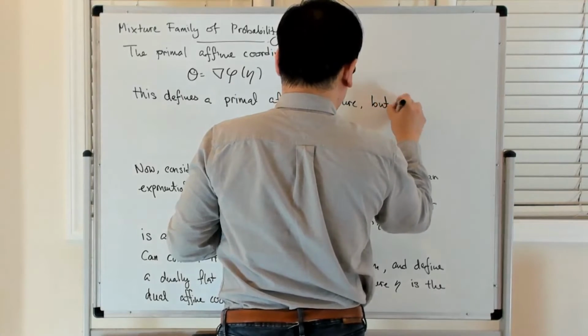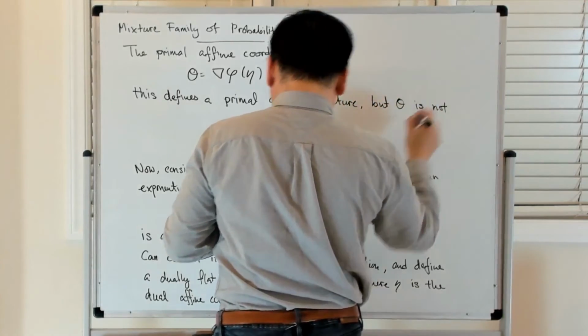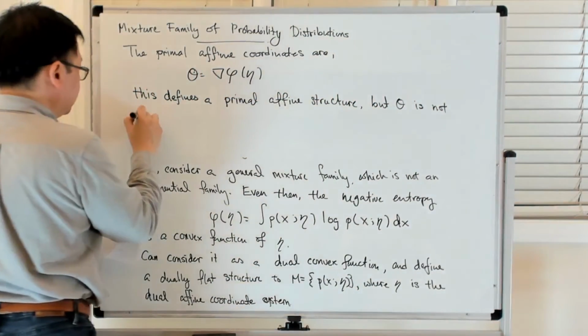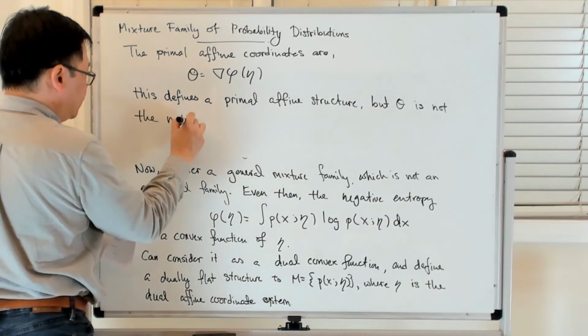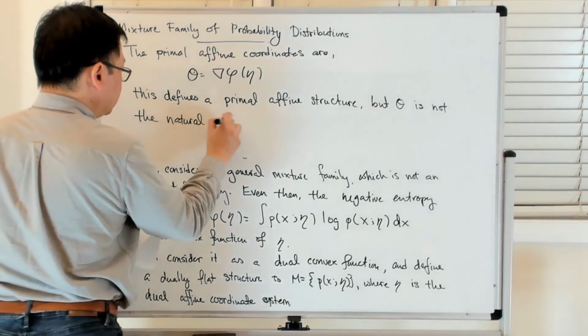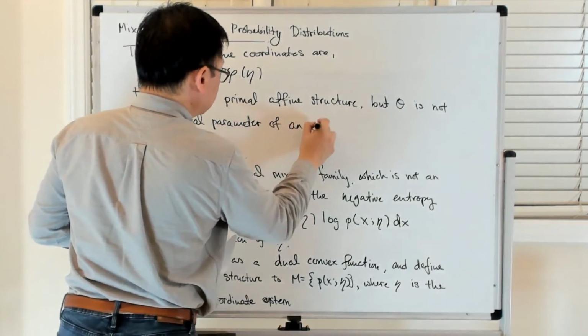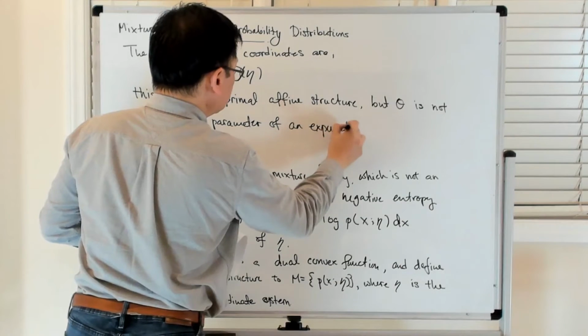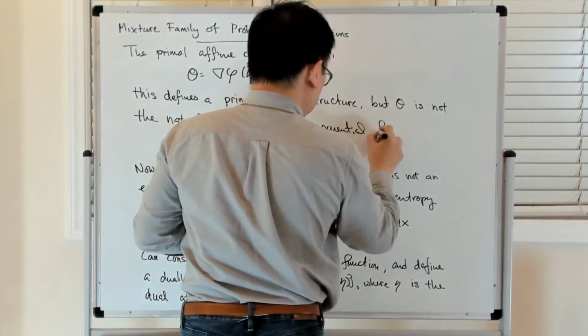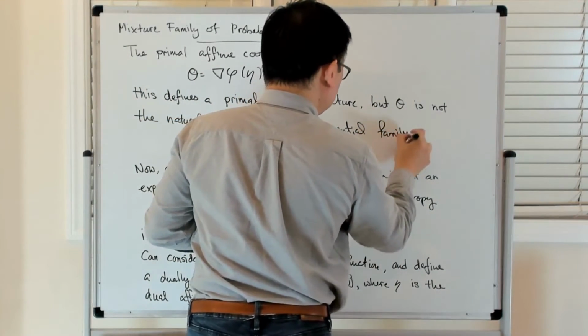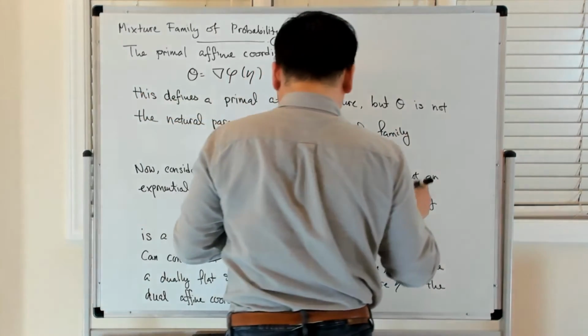But this theta is not the natural parameter of an exponential family, except for the case of discrete distributions.